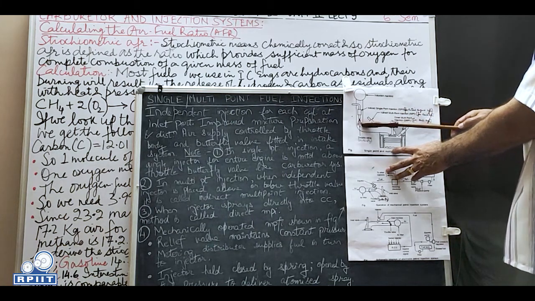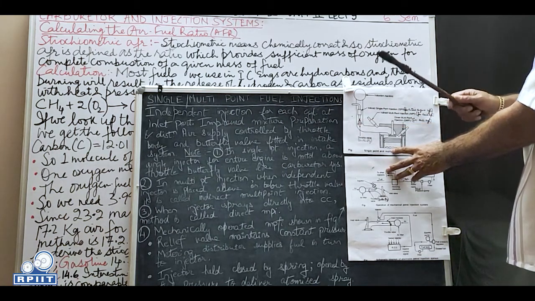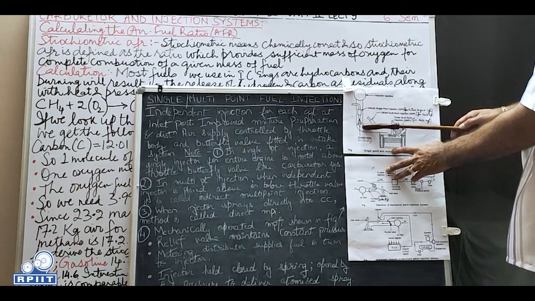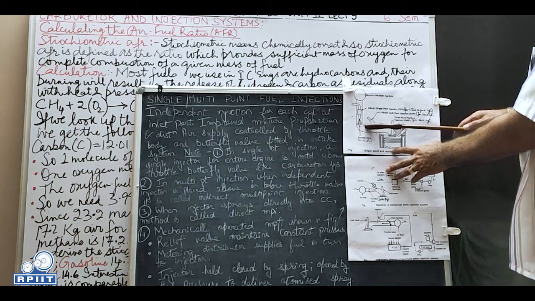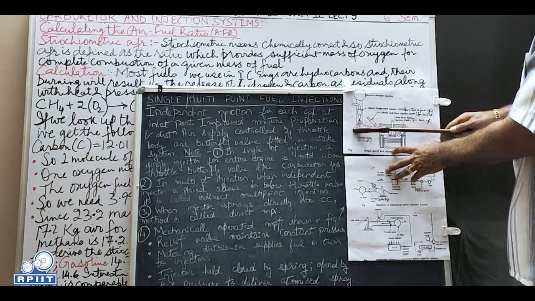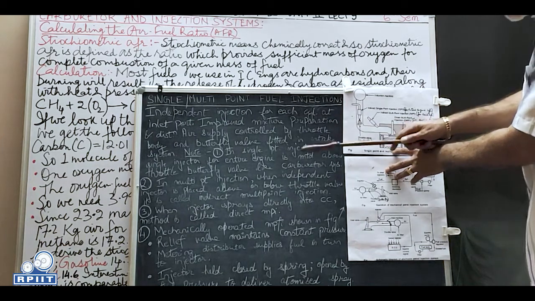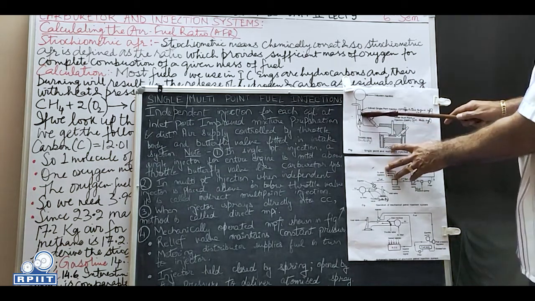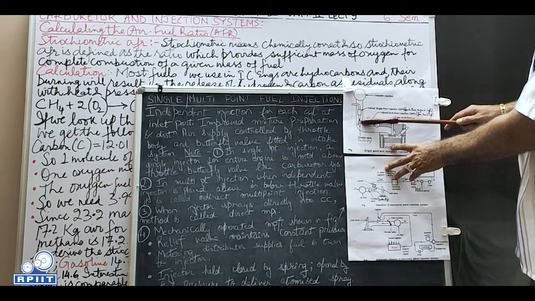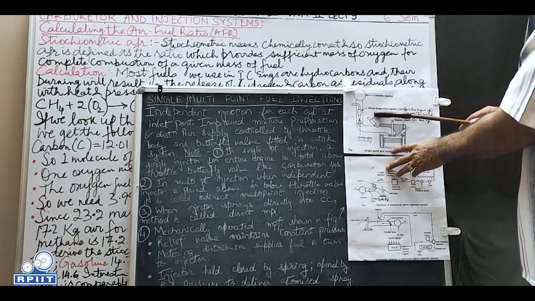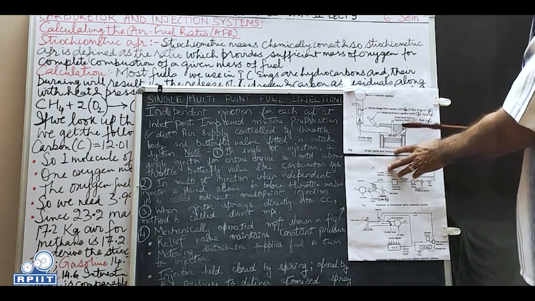There is only one butterfly valve for all cylinders. Suppose there are 3 cylinders like in Maruti, so this manifold will bifurcate from here. This is for one cylinder, another cylinder, third cylinder. So before the butterfly valve, it is called indirect single point injection.